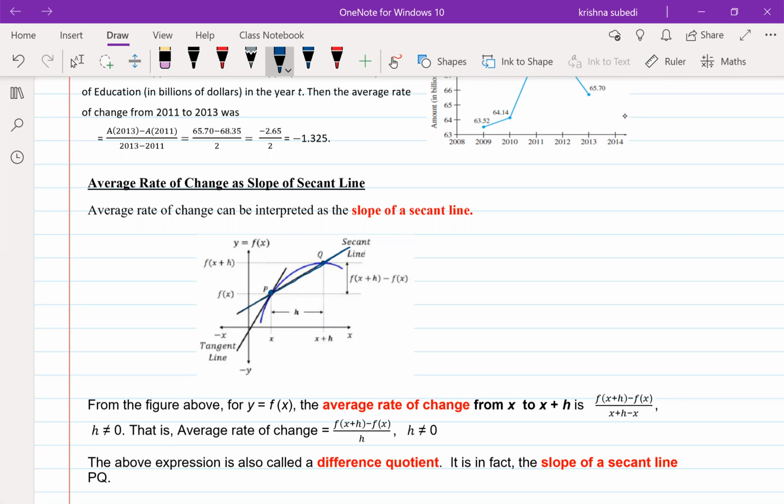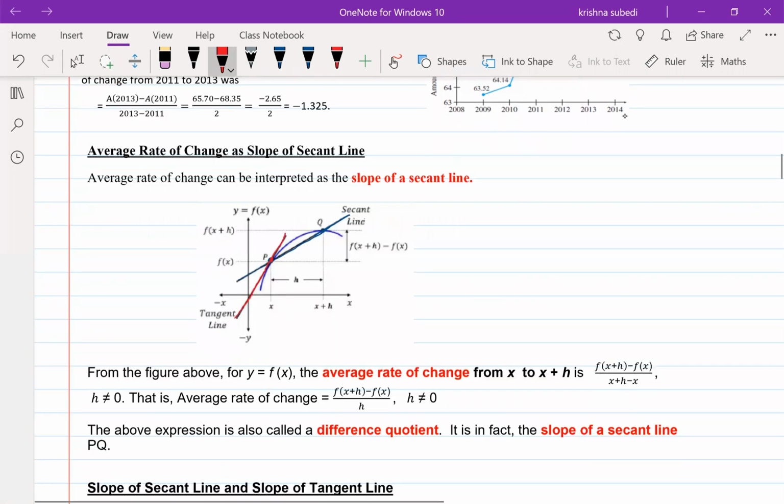Okay, if the line touches the curve at 2 points, in this case we call that a secant line. And if it just touches at 1 point and passes like this, this other line here, the red one, we call that a tangent line.